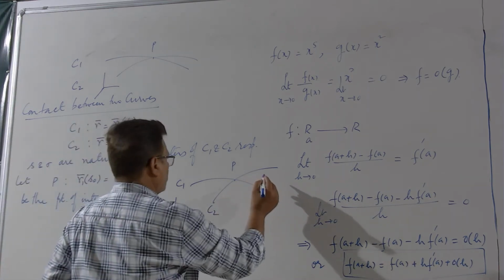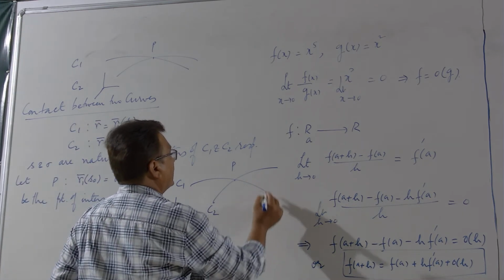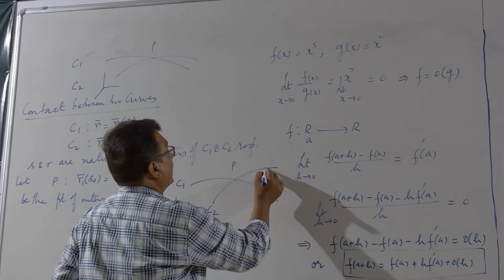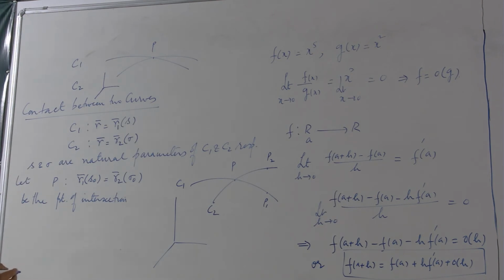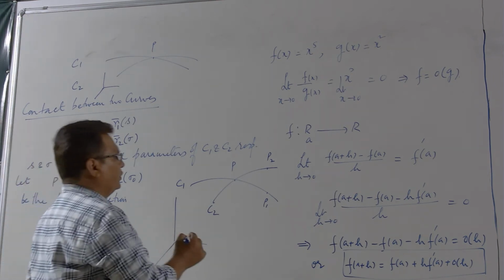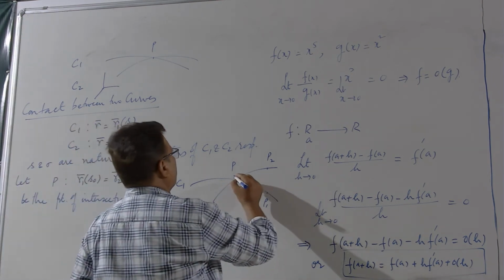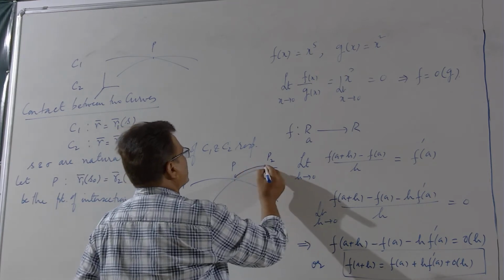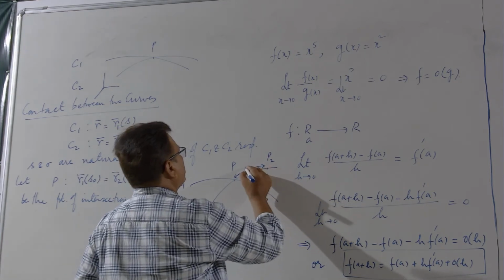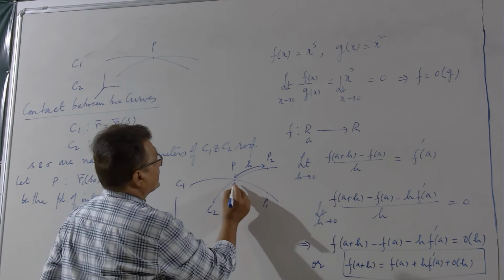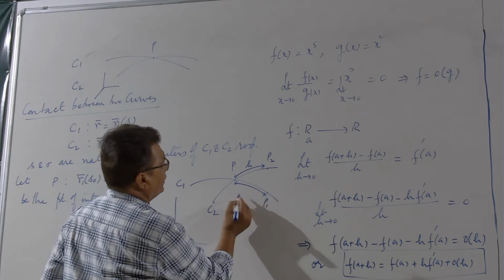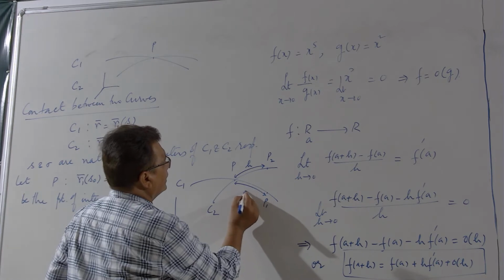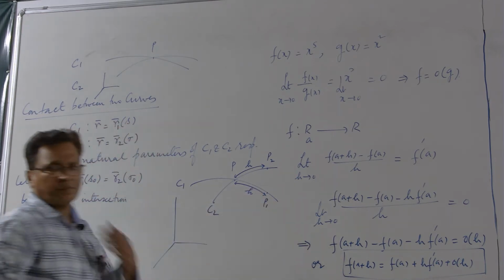Let us choose points, say P1 and P2, on C1 and C2 respectively, and I choose these points in such a way that the arc distance from P to P2 along C2 is h, as well as the arc distance along C1 from P to P1 is also h.